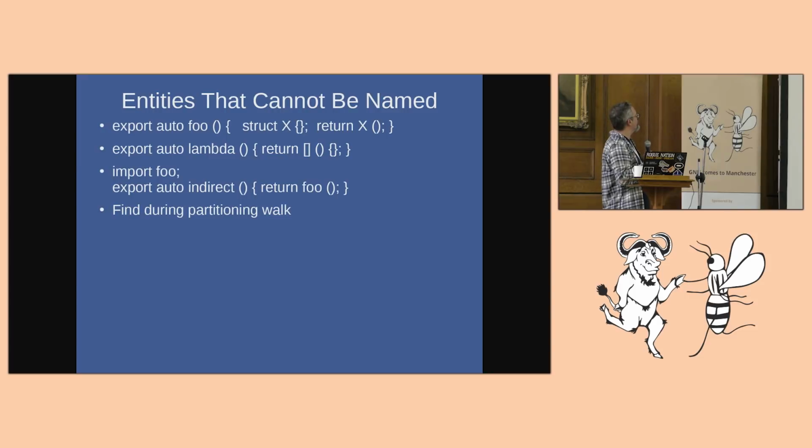I also find these things because if I'm writing out the declaration of foo, or walking the declaration of foo, not the body of foo, just the declaration, and I find a type or an entity that is somewhere within the body of this foo function because its context is there, I go, oh, it's one of these things. I need to do something special. And all I do is find them during the partitioning walk.